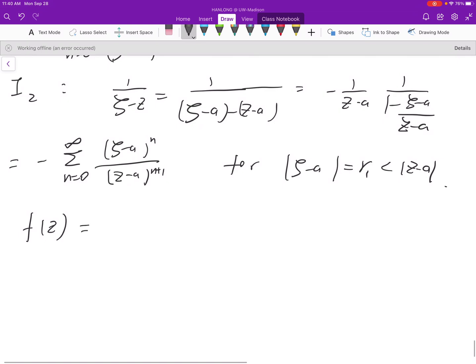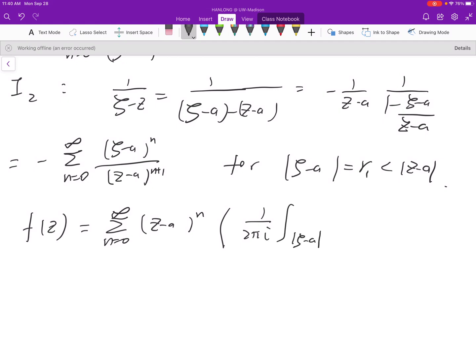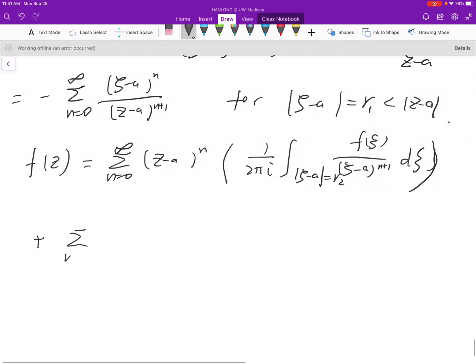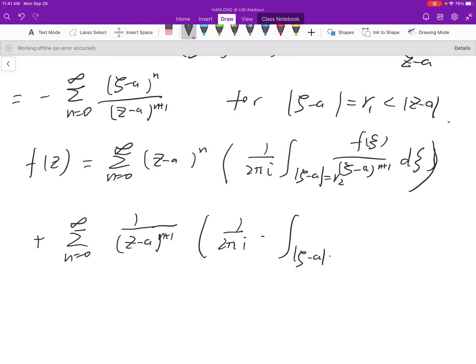Therefore, f(z), if you plug in, you'll find it's the summation from 0 to infinity of (z minus a) to the nth power, where the coefficient is 1 over 2 pi i times the integral over |zeta minus a| equals r2 of f(zeta) over (zeta minus a) to the n plus 1 power, d zeta, plus the summation of 1 over (z minus a) to the n plus 1 power times 1 over 2 pi i times the line integral along the interior circle.